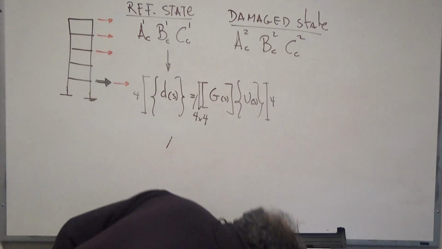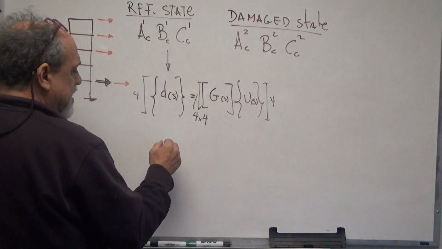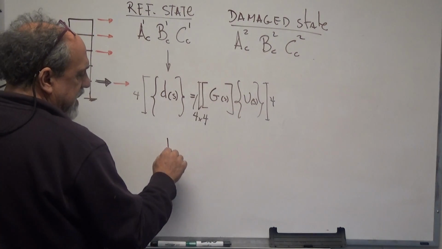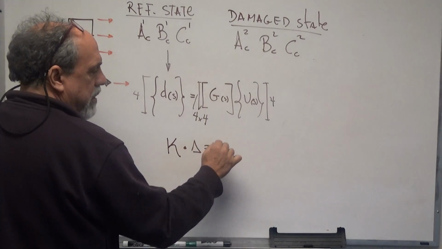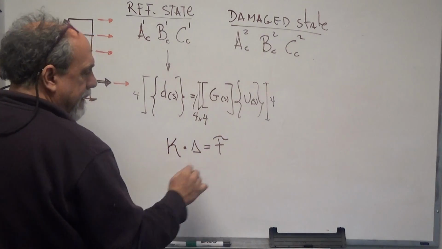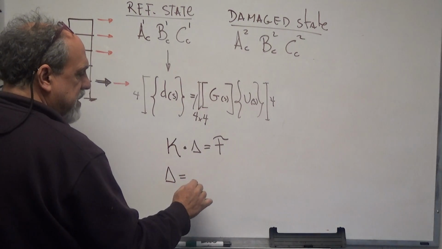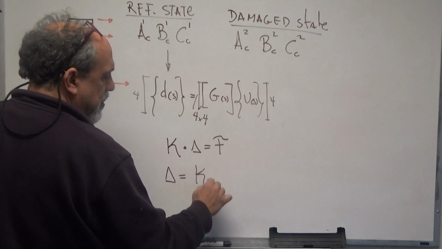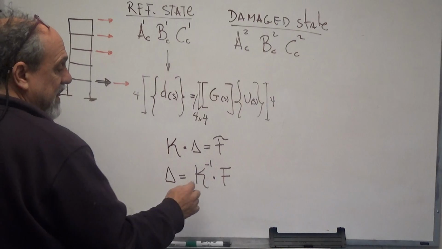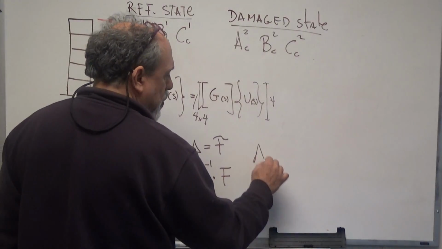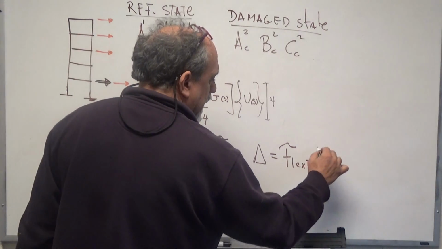Okay. Now, the transfer matrix, if we go back to fundamental structural analysis, statics. In statics, we say that the stiffness matrix times the displacements of a model are the forces, right? So if we invert the stiffness matrix, we say that the displacements are equal to the inverse of the stiffness matrix times the forces. The inverse of the stiffness matrix is what we call the flexibility matrix times the forces.